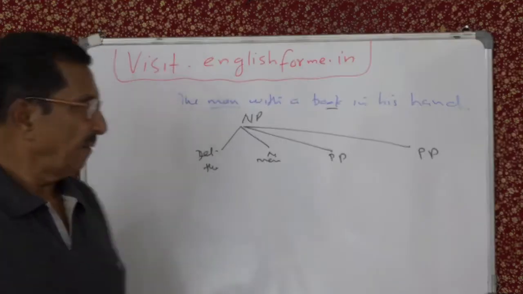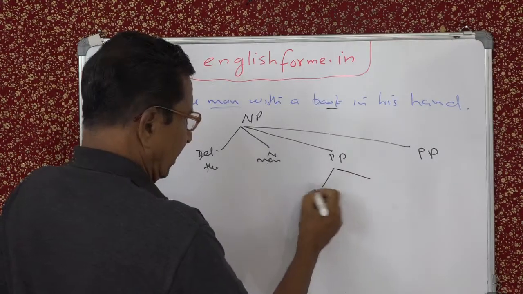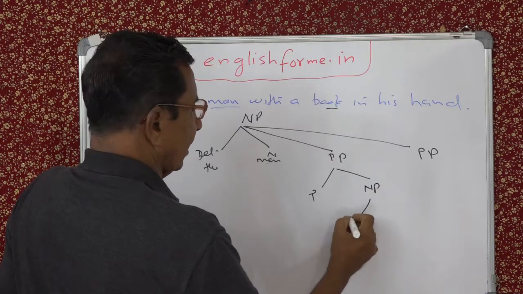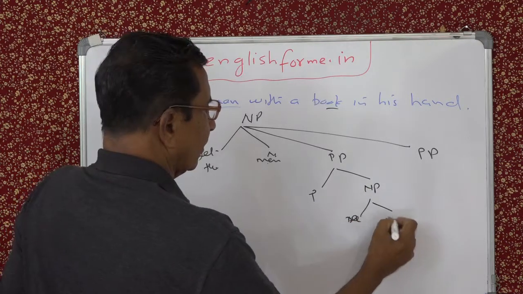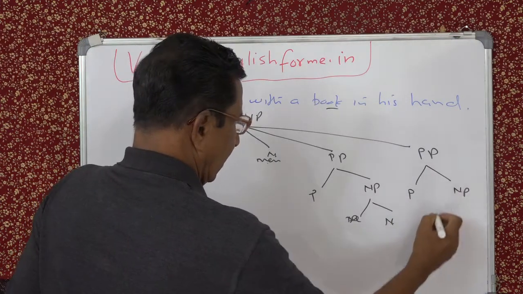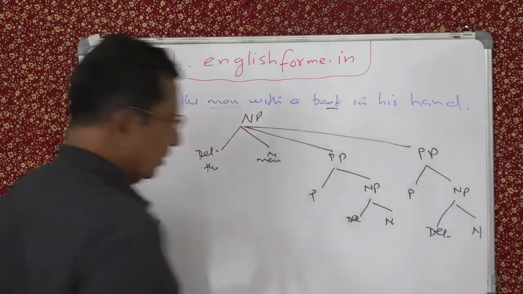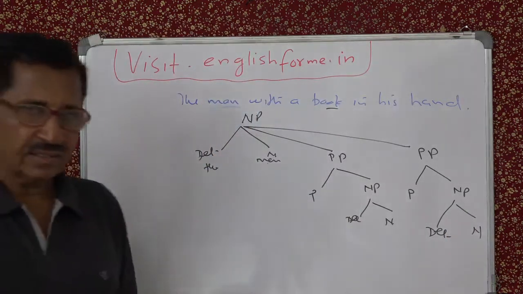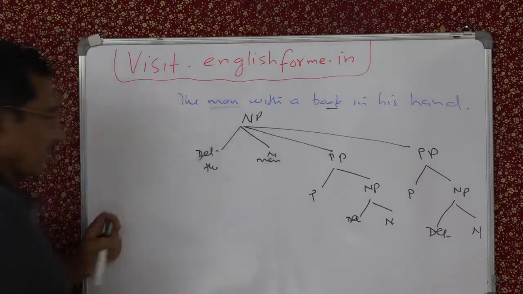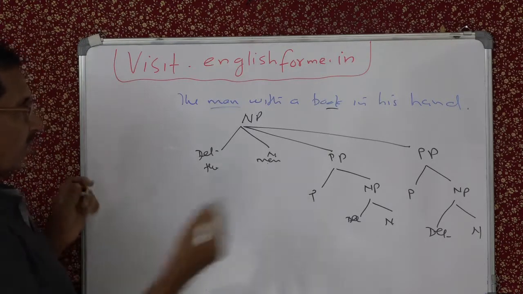Now you can see PP, here you got P and NP. You have determiner and here noun. Same here, P, NP, you have determiner and N. So this is how the flat structure is. When I compare the present one, then you will see. The present one I will show here so that you can compare both of these.